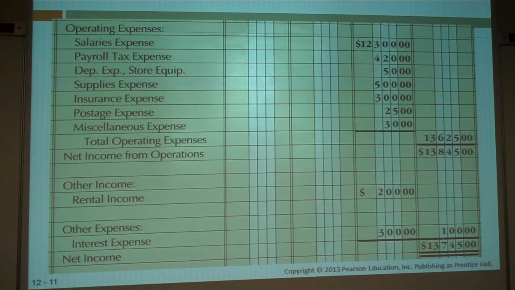From the worksheet. So if you have a worksheet and you're preparing the income statement, could you check off as you use those numbers on the income statement? Yes. Okay. You also have the net income or net loss on the worksheet. So use the tools that are in the test to help you with the income statement.